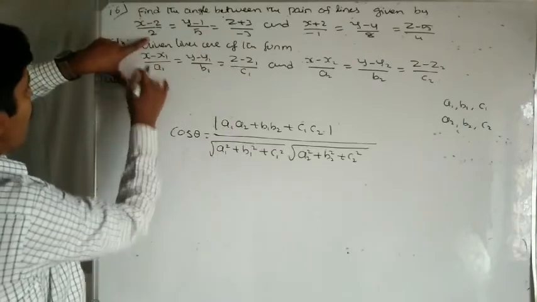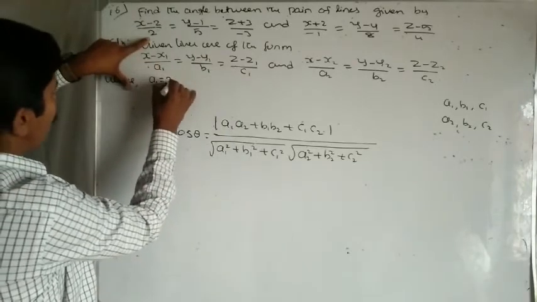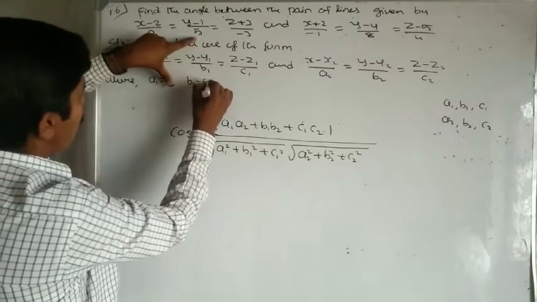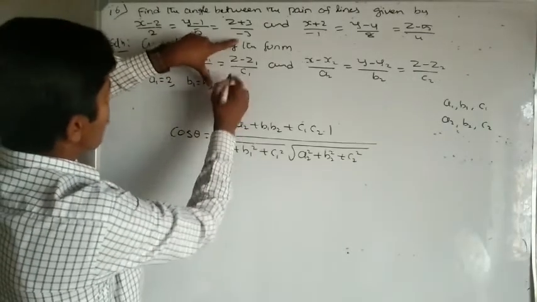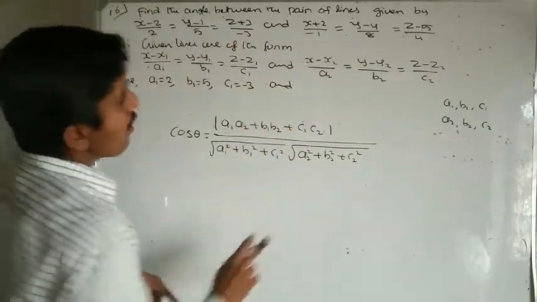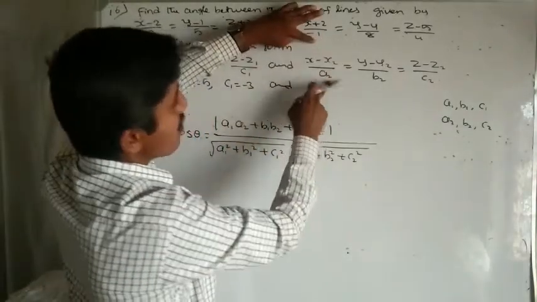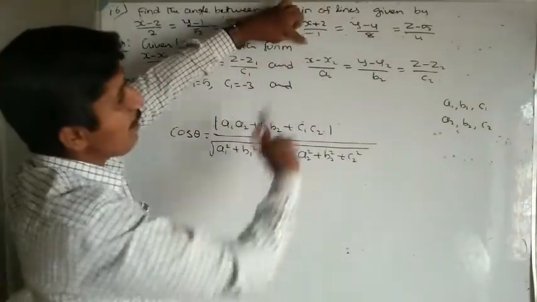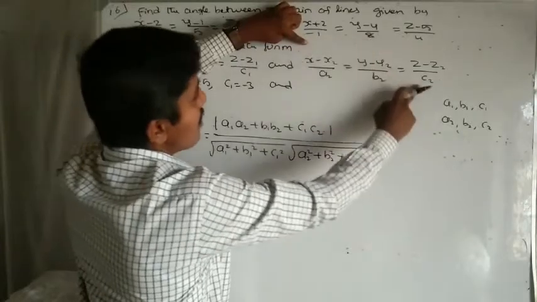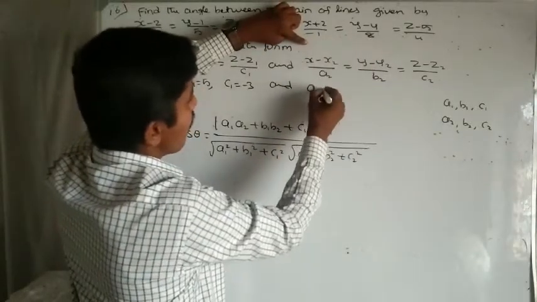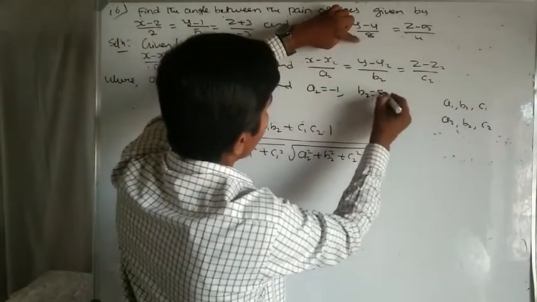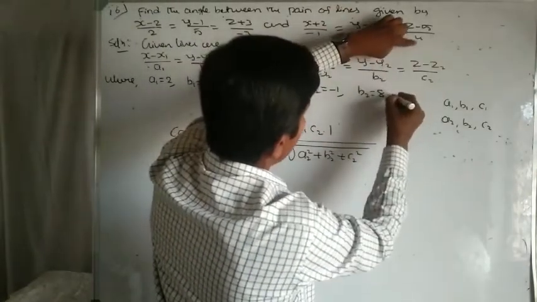Comparing the second equation with the second standard equation, a2 equals minus 1, b2 equals 8, c2 equals 4.